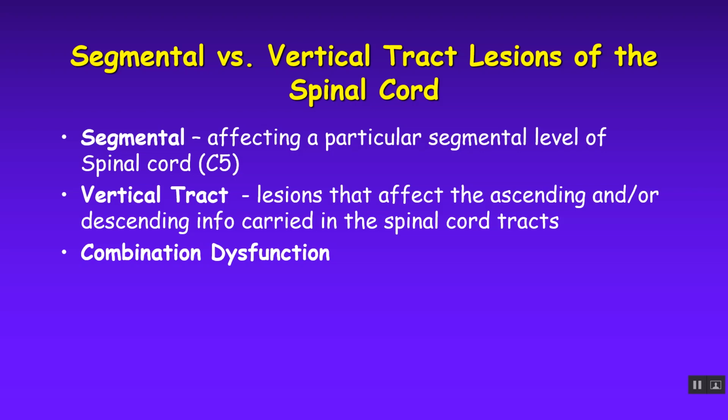Their tricep would be hyperactive because that's a little bit lower. That's from the vertical tract being dysfunctional. But if you actually wiped out C5 and C6 and damaged those anterior horn cells and also that stretch reflex coming in there, you might actually have a hypoactive reflex at the biceps, okay?